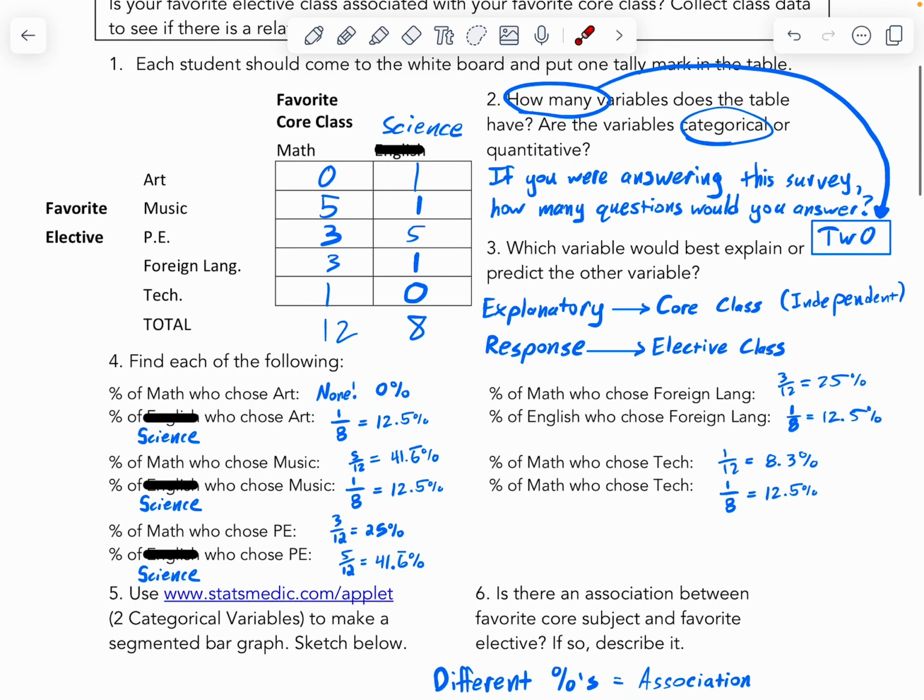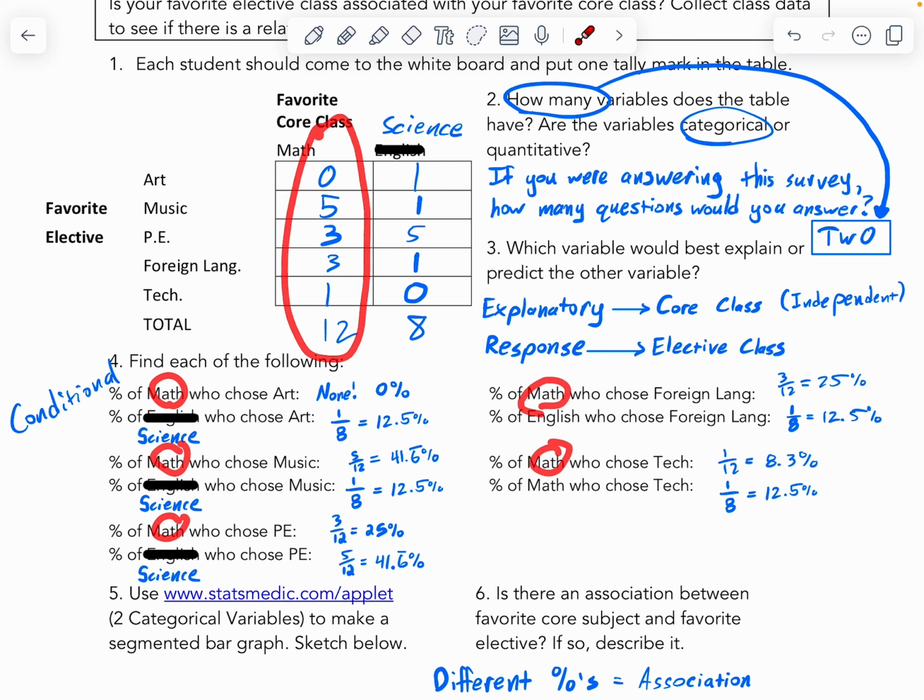Then number four, you're going to find all of these percentages. Now, these are all conditional. So whenever it says percent of the math kids, we are going to be looking at just the math column. And you can see, I've already written the answers out.